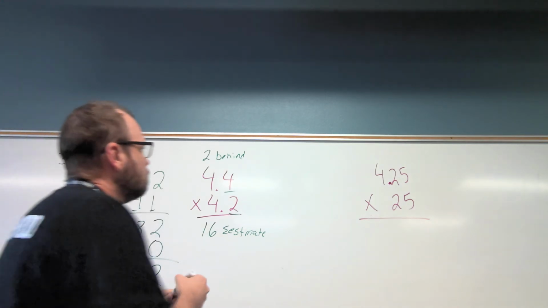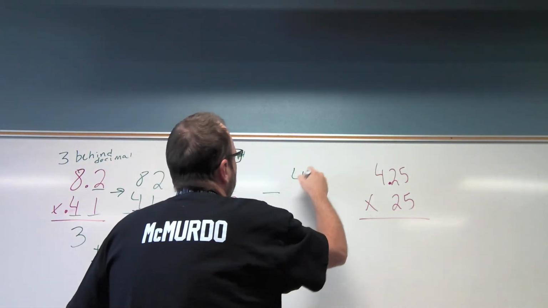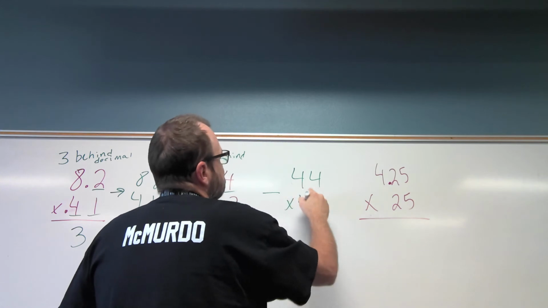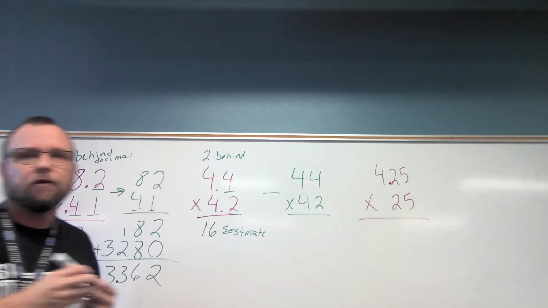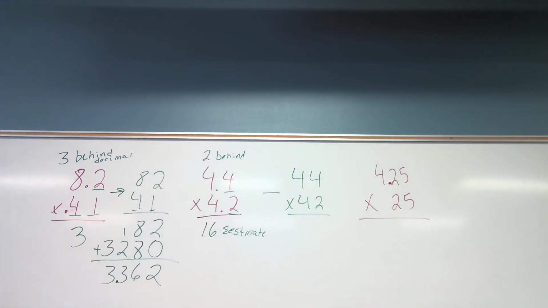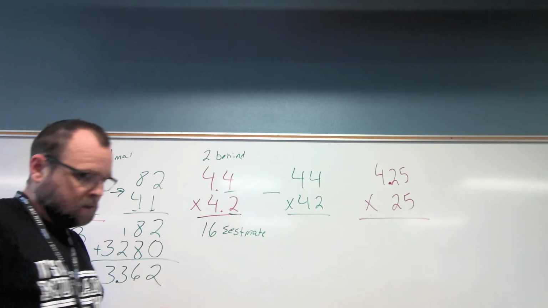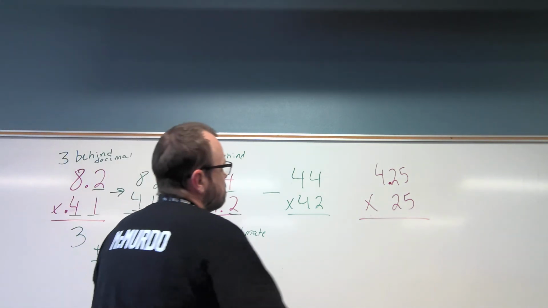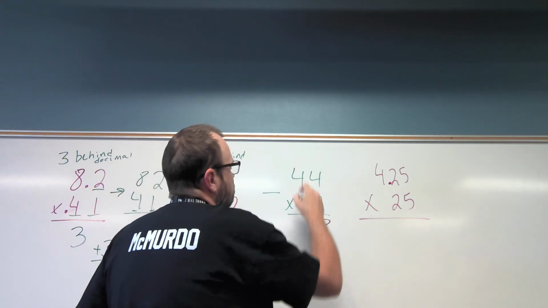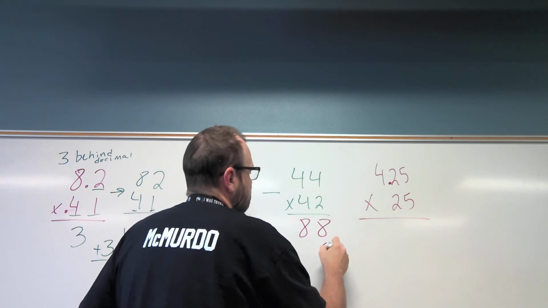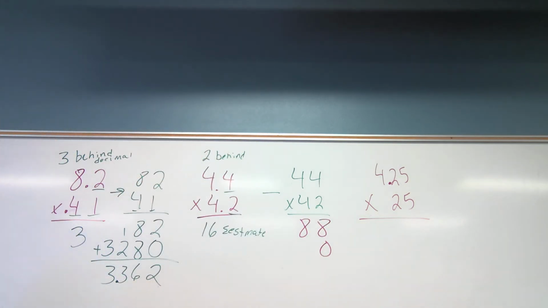I'm going to rewrite it. I'm just going to multiply 44 times 42. I'm going to ignore those decimal points until I get my product. And I go 2 times 4, which is 8. Don't have to carry anything or regroup anything.